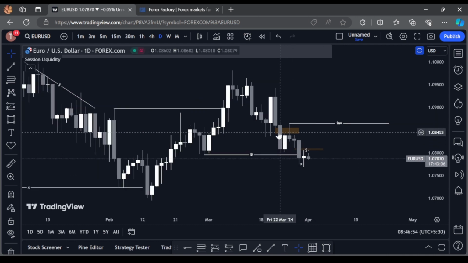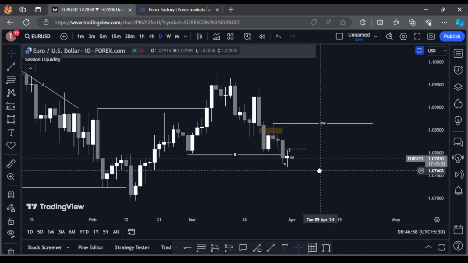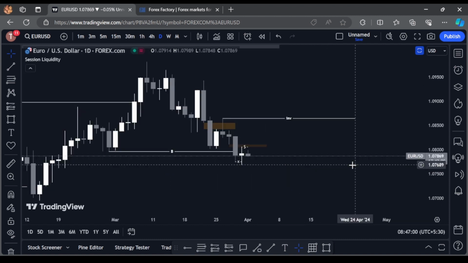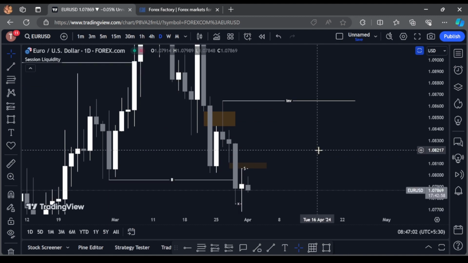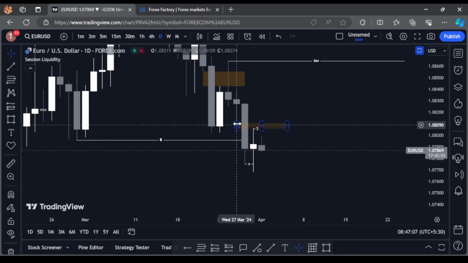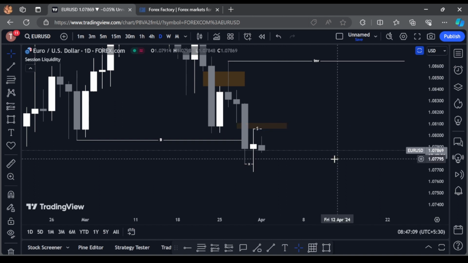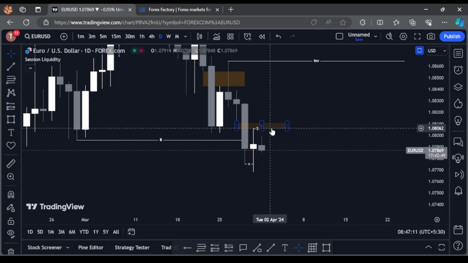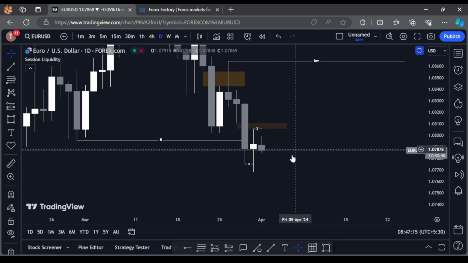So we can clearly see that the price is now respecting FVGs into the market and moving into the downward direction. Currently what do we have is we are having the daily low being swept by the market and we are having FVG. So I'm anticipating that the price is going to move into the upside direction, mitigate this FVG and then move into the downward direction. So now let's move to the 4 hours.